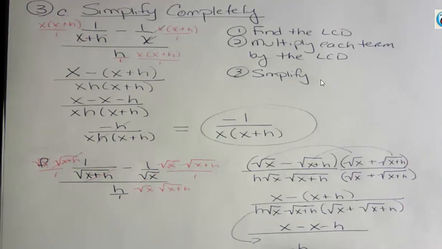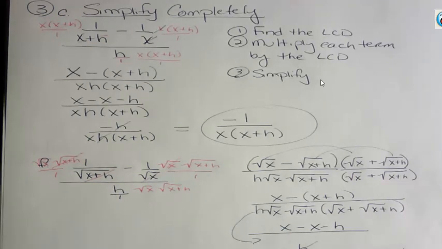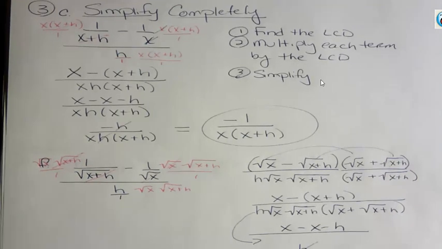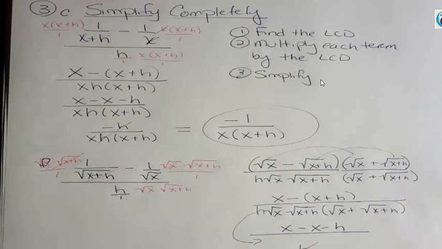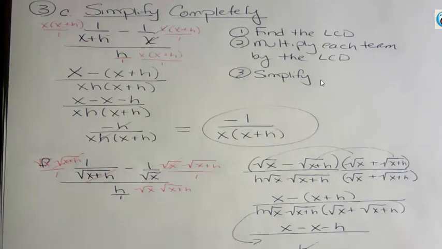And finally, I can see again that I can get rid of that h, and that gives me a negative 1 over square root of x plus h, square root of x plus the square root of x plus h. Phew. All right. That's simplifying complex fractions.